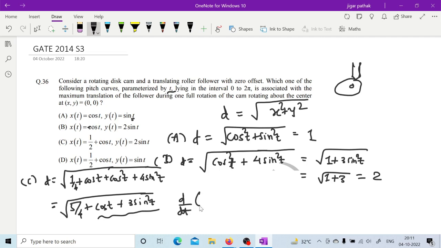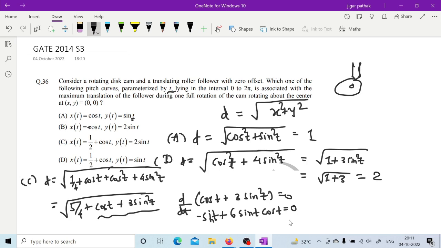So if we go for d by dt of cos t plus 3 sin square t equal to 0, what are you going to get? At t equal to pi by 2 or 3 pi by 2, it will be maximum, right? That you are going to get from this particular equation, because the derivative is minus sin t plus 6 sin t cos t equals 0.